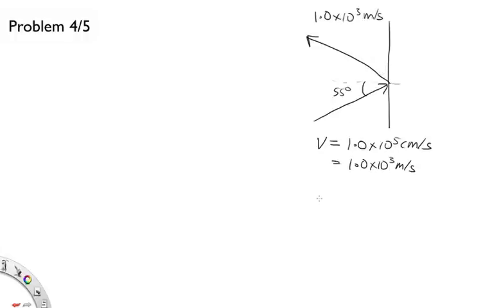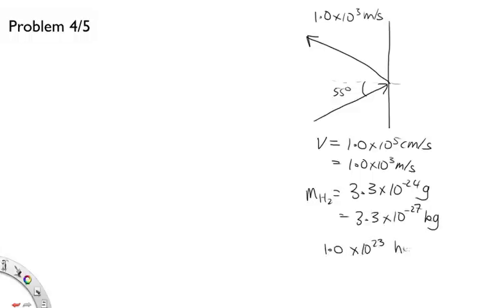We're told that the mass of hydrogen is equal to 3.3 times 10 to the minus 24 grams, which is equal to 3.3 times 10 to the minus 27 kilograms. And that 1.0 times 10 to the 23 hydrogen molecules strike the wall each second.